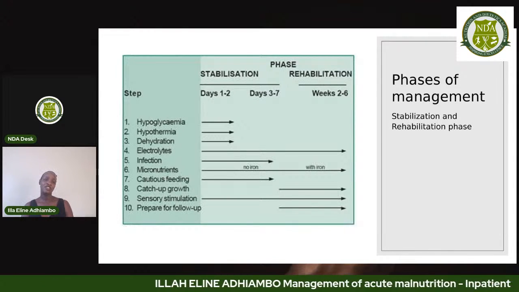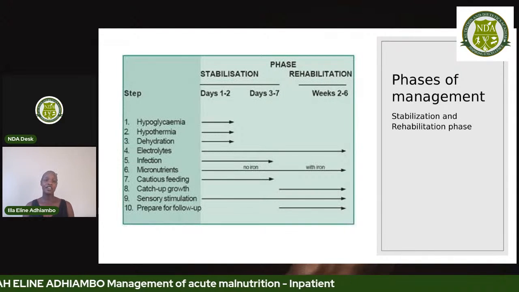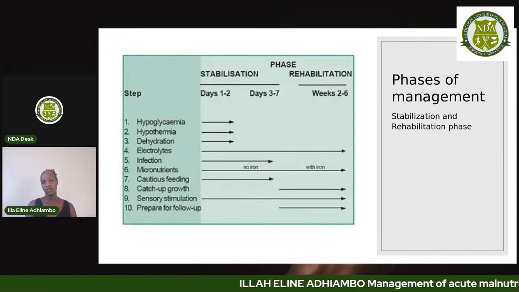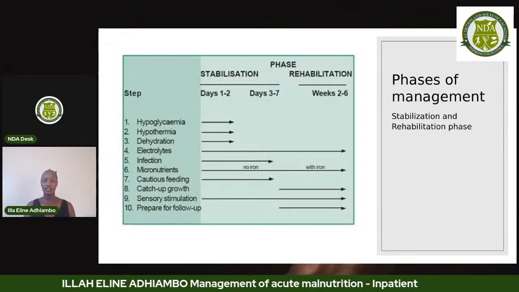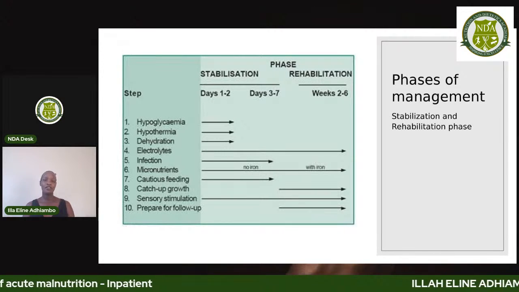Electrolytes will be given throughout the phase. It's only that things like iron, we're not going to give from day one. We're going to give it once we know the infection is controlled, and when we reach the extent that you're giving F100 or RUTF, which has more or less the same nutrients as F100.